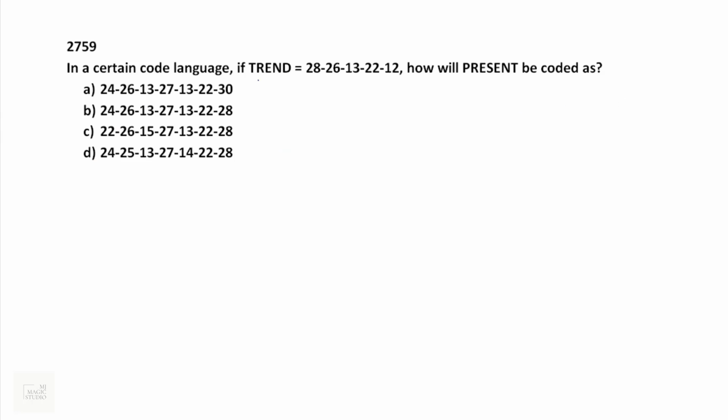In a certain code language, trend is written with the help of some numbers. So let's convert this trend into its actual alphabet count. T is 20, but they have written 28. That means plus 8. R is 18, 18 plus 8 is 26. That means the code is plus 8. Now we need the code for present.